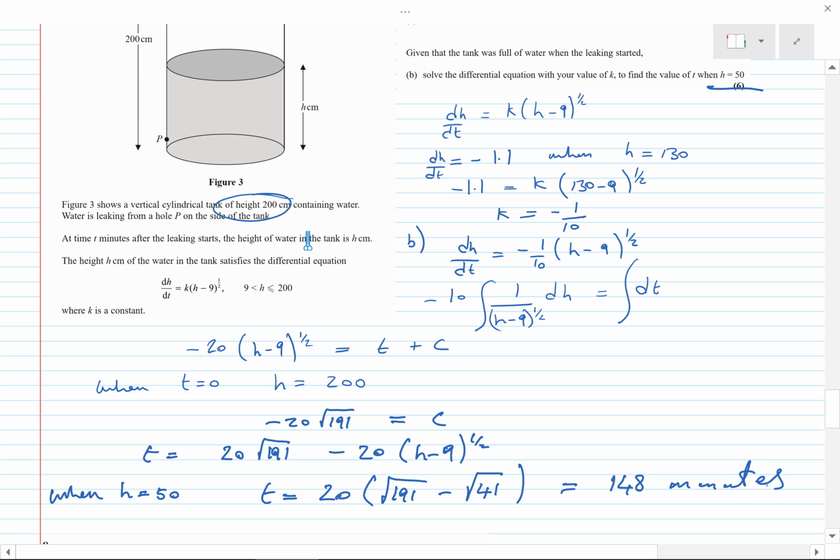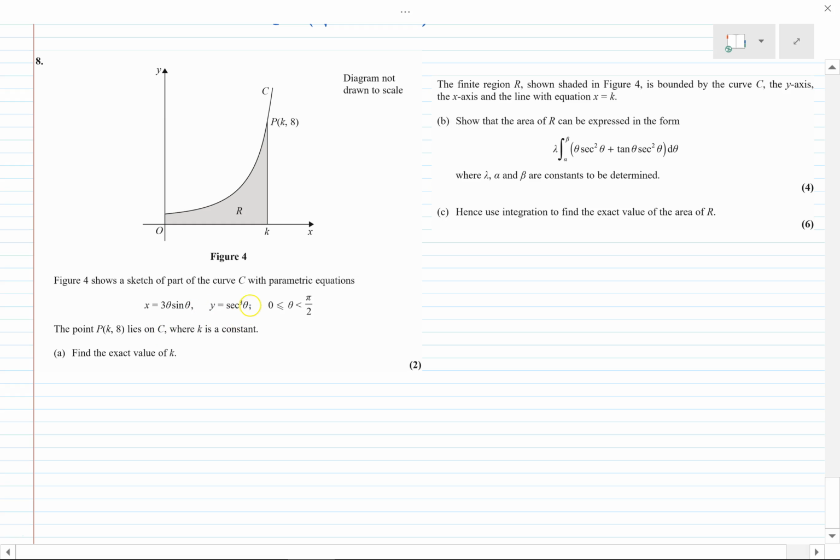Okay, so let's have a look at the next question. We've been given a y coordinate of something that's expressed parametrically, so we can use that to work out the value of theta, and therefore once we've found theta we can put it into x. So we know that y equals 8, so 8 equals sec cubed theta.